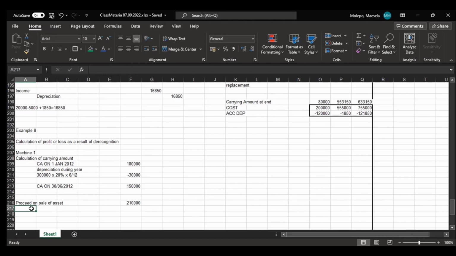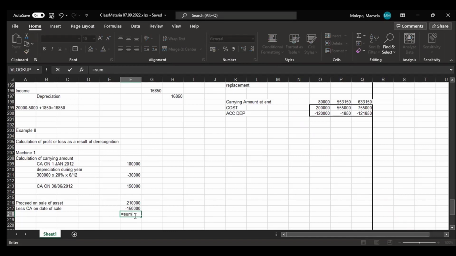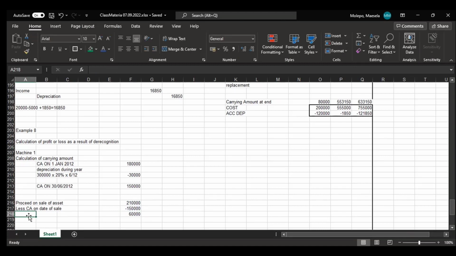Then we less the carrying amount on the date of sale, which is 150. So did we make a profit or loss? We made a profit of 60.